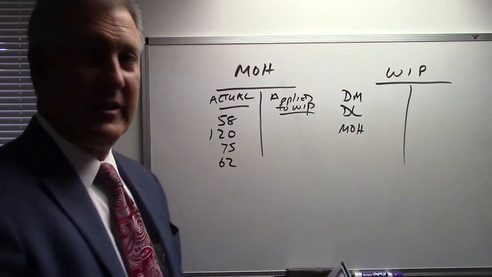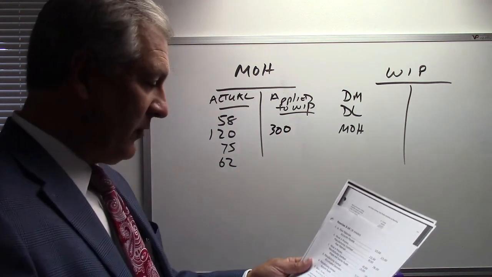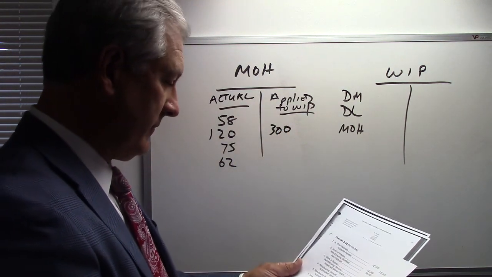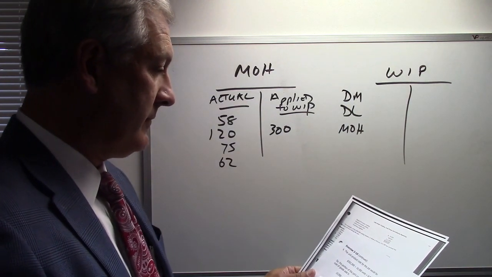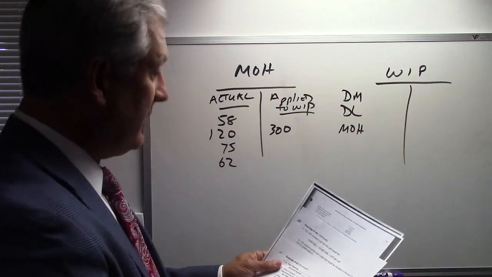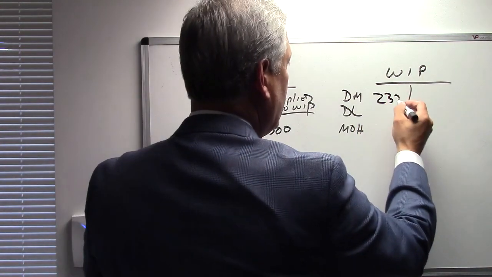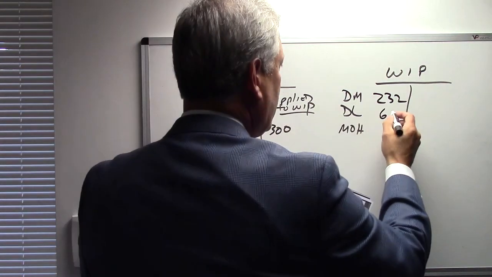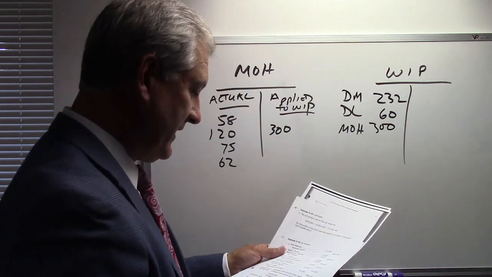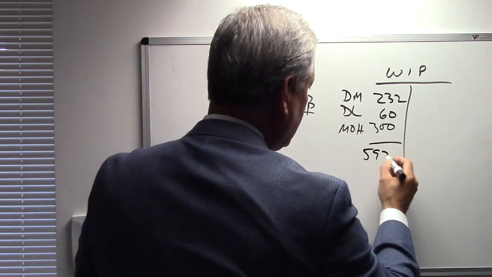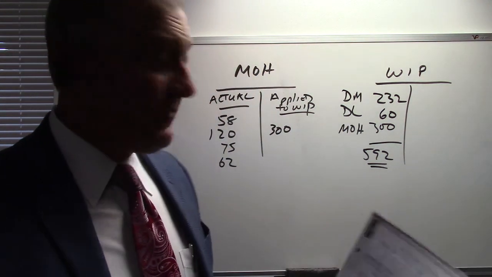We've got $62,000 of other factory costs. And we had this credit here for $300 for manufacturing overhead applied. We also have the work in process account where we had direct materials of $232, direct labor of $60, $300,000 of manufacturing overhead for a total of $592,000. So the job cost for this job was $592,000.